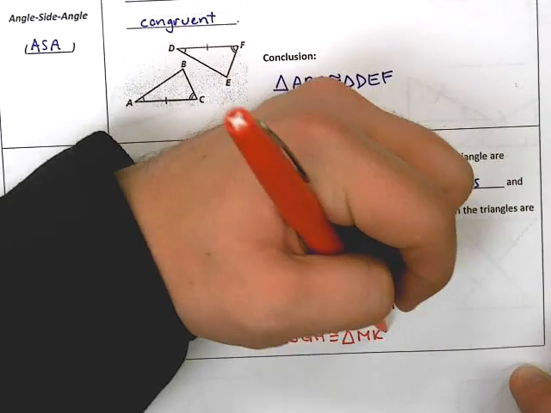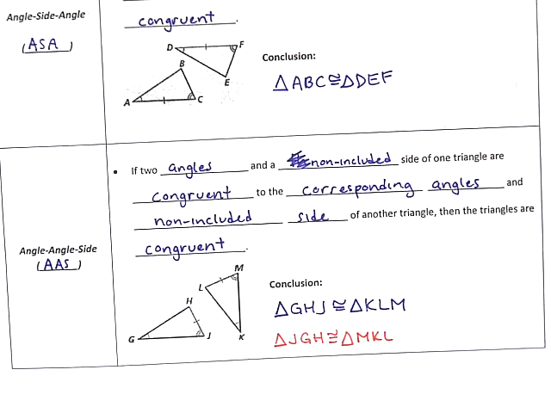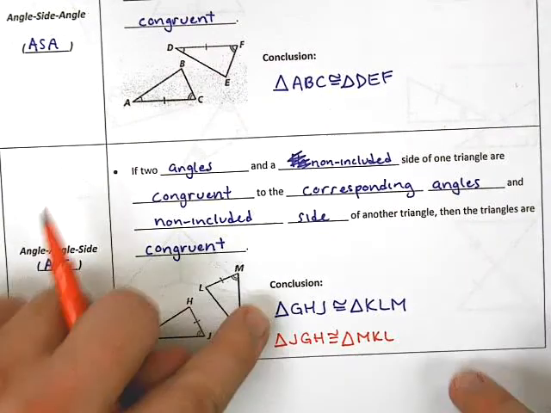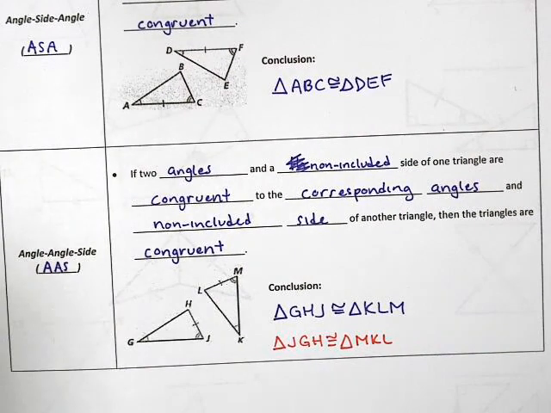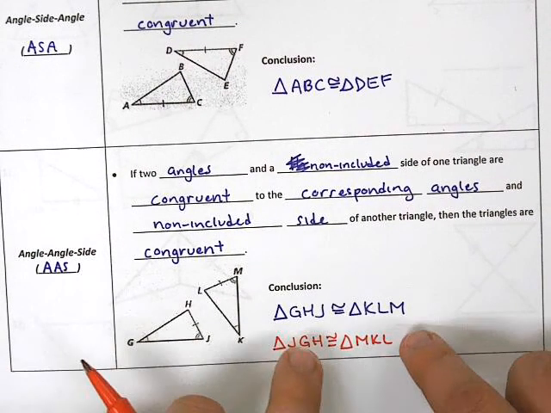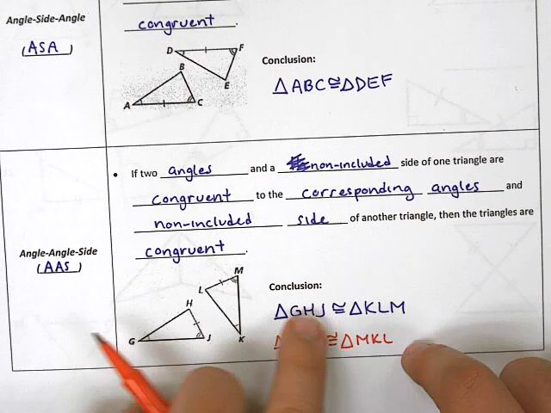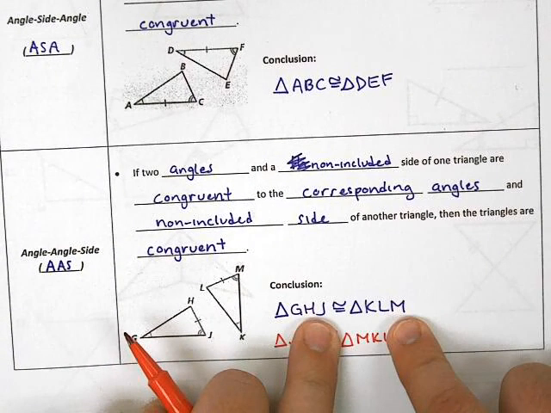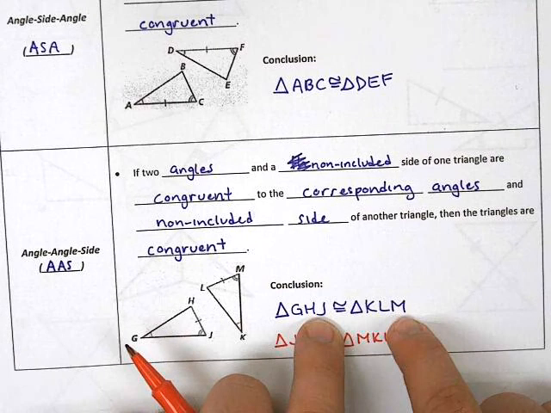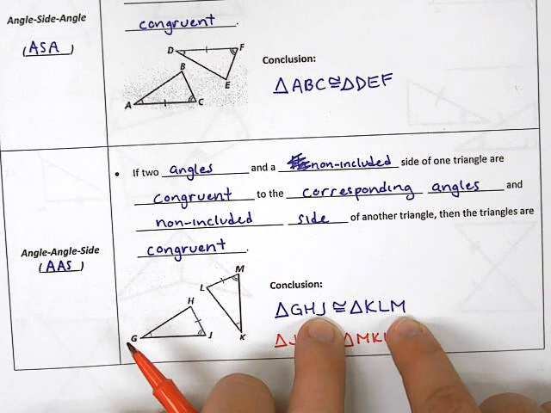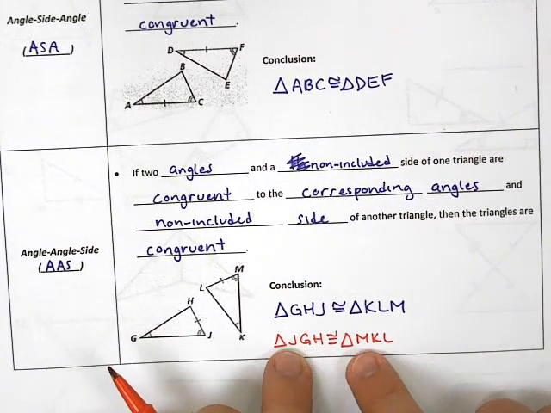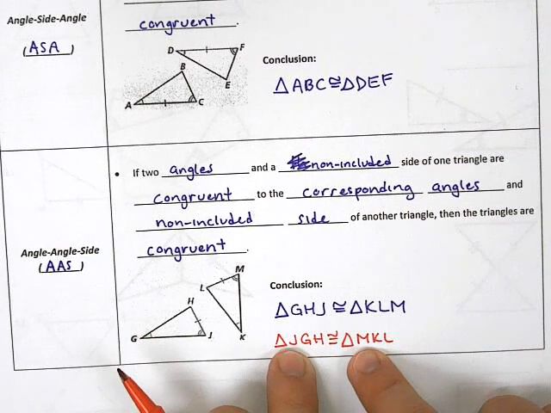M, K, L. Now, this is what I need you to understand. Whichever one you end up doing, what lines up? Well, in my first one, J and M were both together in the third spot. And in my new one, J and M are still together. It's just they're in the first spot instead of the third.